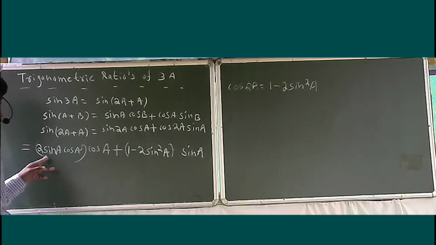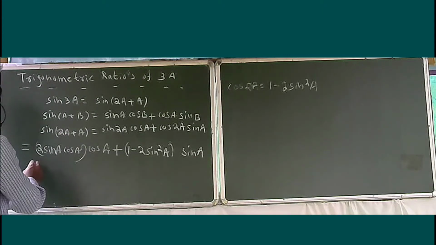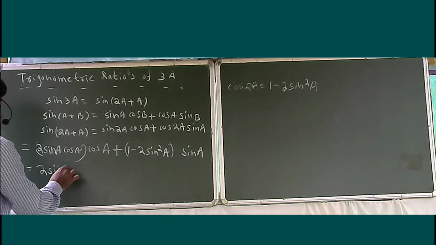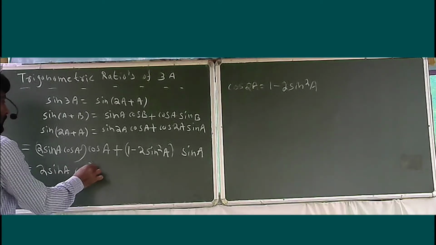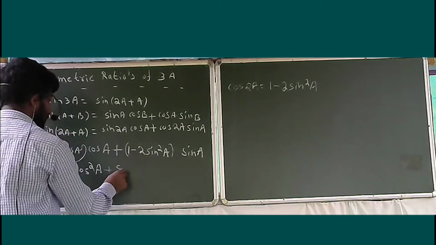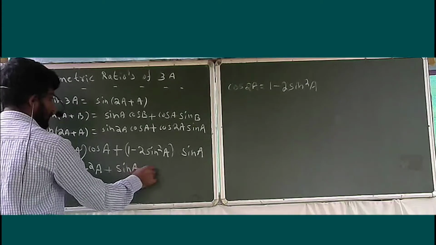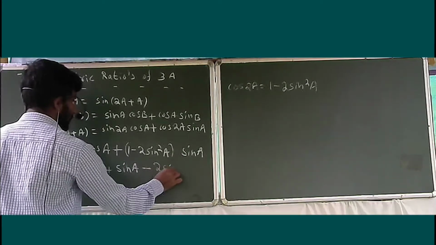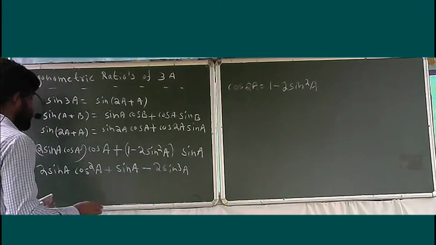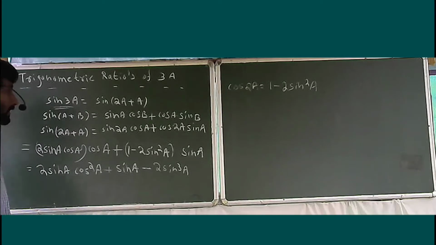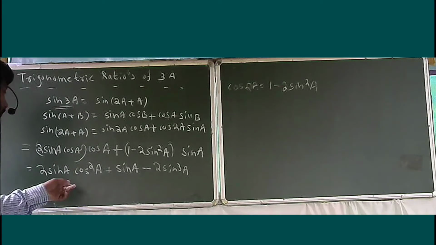Again see, 2 sine A cos A is there, multiply, you will get 2 sine A into cos square A plus sine A into 1 is sine A minus 2 into sine square A is 2 sine cube A. Just multiplying. Since you are proving the formula for sine 3A, you need to rewrite cos in terms of sine only.